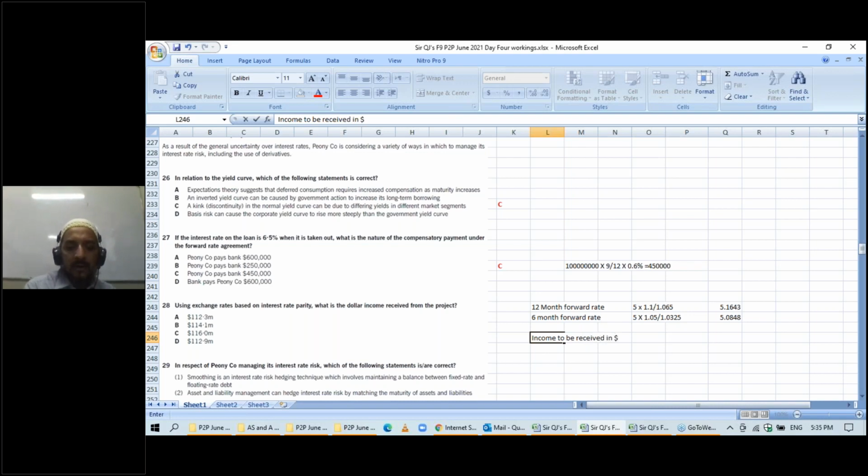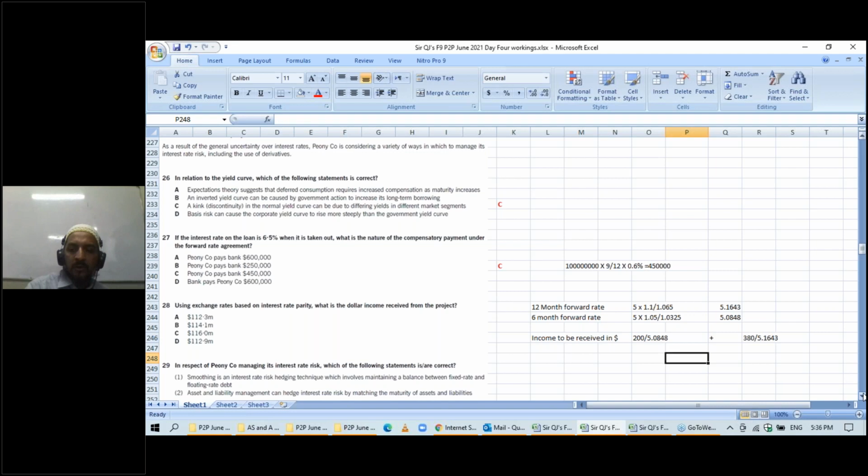So now the income amount in dollars, the local currency, will be: the first amount was of 200 million, which will be received in 6 months time. So for 6 months time, we'll be using 5.0848, plus the second amount will be received in 12 months time, and for that the forward rate will be 5.1643. So 380 divided by 5.1643.